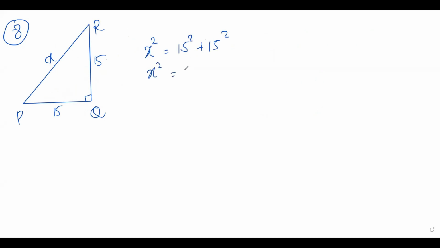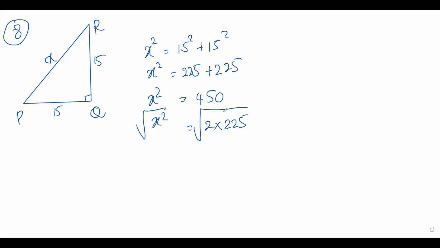X square should be 15 square, 225. This one also 225. Pythagoras theorem. X square 450. You can take x square 2 times of 225. Both sides put the square root. So x should be 15 into root 2 centimeters. So x should be 15 root 2.